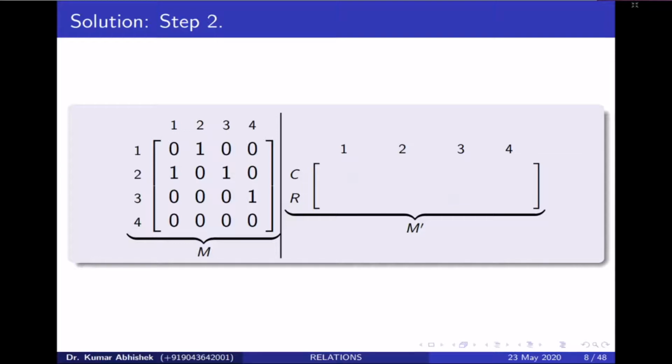That is, first we will fill the entries along column number 1, then column number 2, then column number 3, and then the entries along column number 4 of M dash.